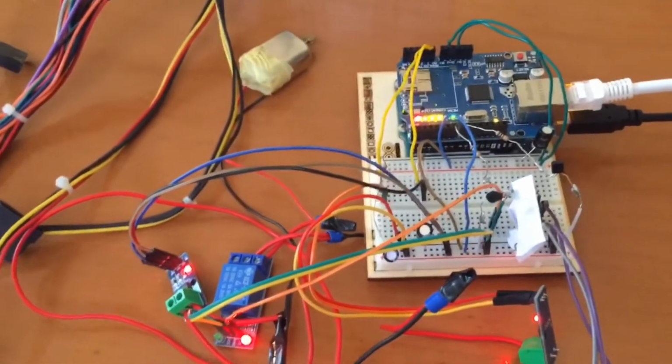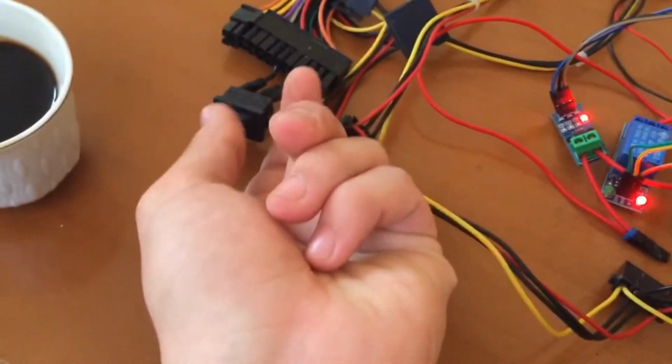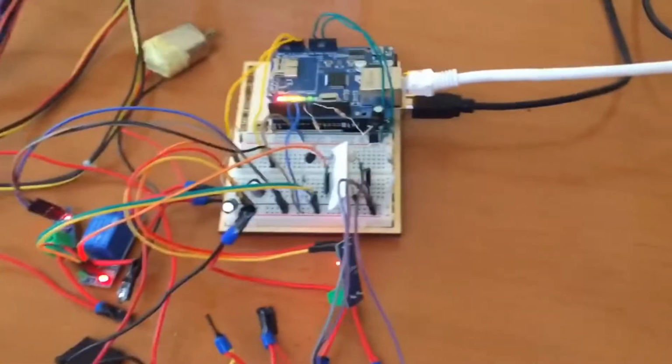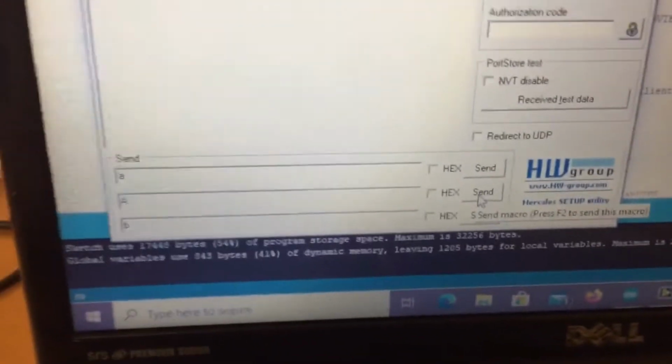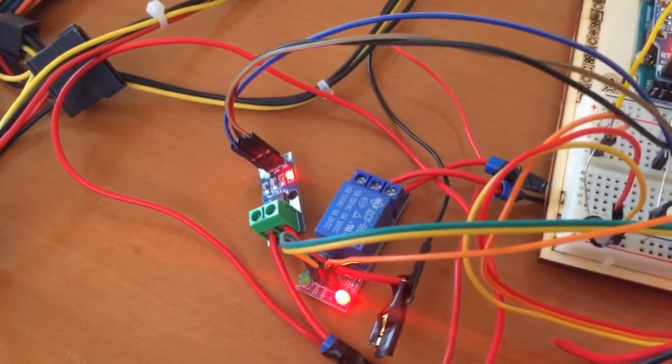Right here I connected the circuit, and now I will switch the power supply on. The power supply is on, and now we will switch the load on by this capital A, as the protocol says. Right, now we will expect this relay to turn on.